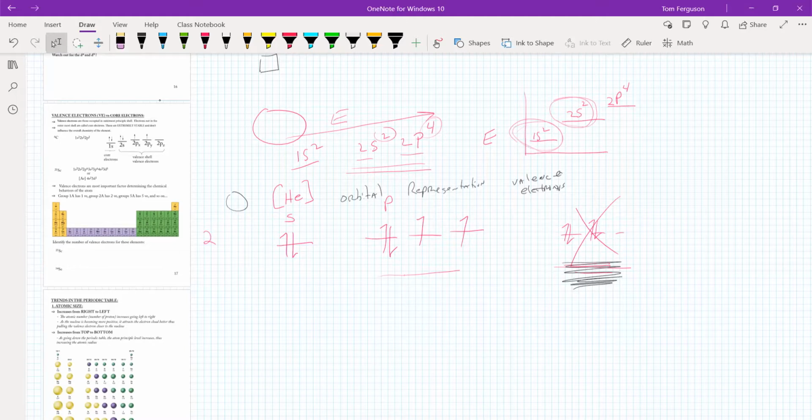But when you look at the whole configuration of each element, they're unique. And what makes one unique versus the other, even though the valence electrons have the similar or exactly the same electronic configuration, are the core electrons. So the core gives it the uniqueness. The valence electron configuration gives it its chemistry.